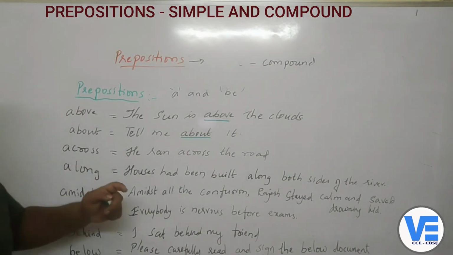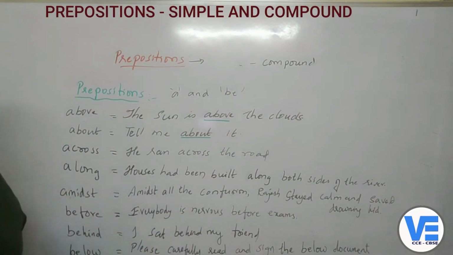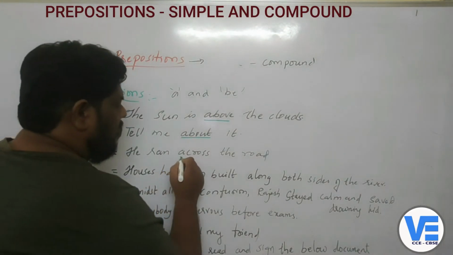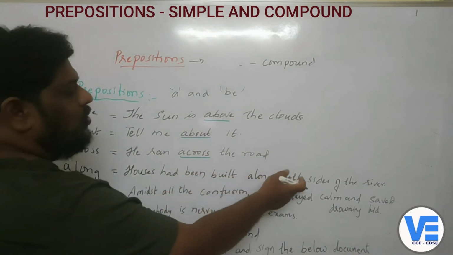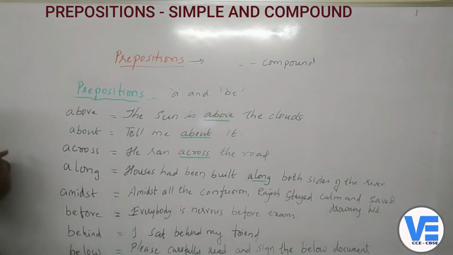I have learned about so and so thing today. Across: the dog ran across the road. Along: houses had been built along both sides of the road. I went along with my father.